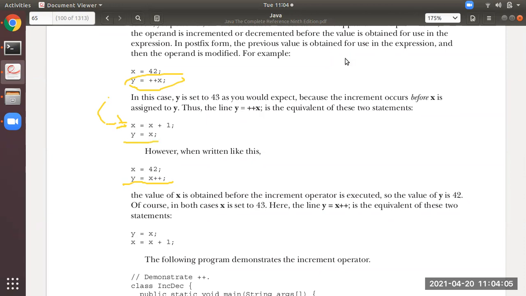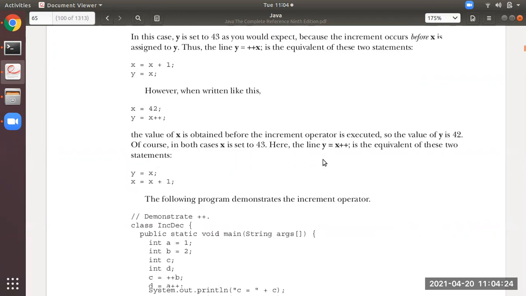Whereas over here, x equal to 42, then y equal to x plus plus is something like this. First y will be assigned with x, then x will be incremented. I hope you all have understood this. Pre-increment and post-increment.